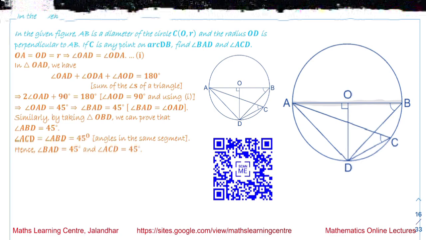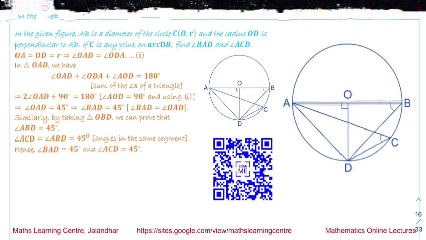So if we want to find the measure of arc AXC plus the measure of arc DZB, it is 2x plus 2y. Taking 2 common, it is 2(x plus y).